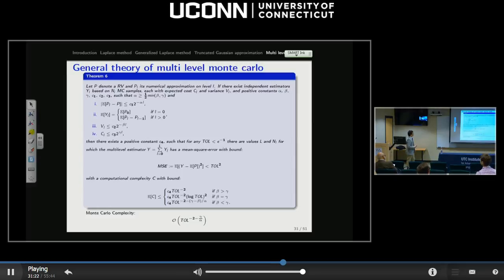So if these are bounded by 2 to the power of some constant times L, and C_L is the cost for each level.